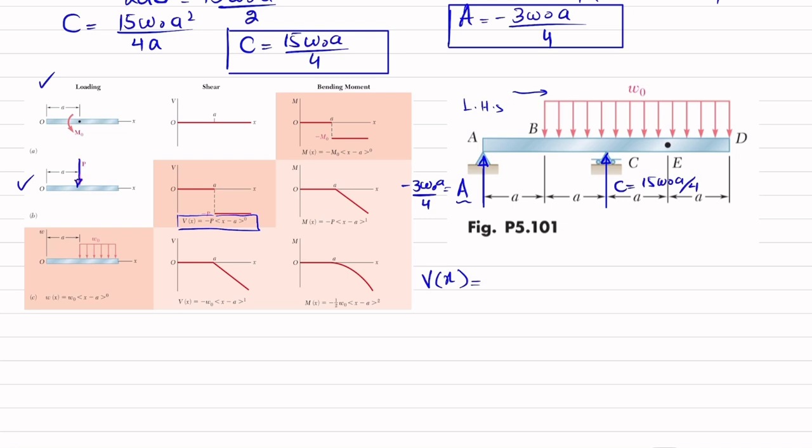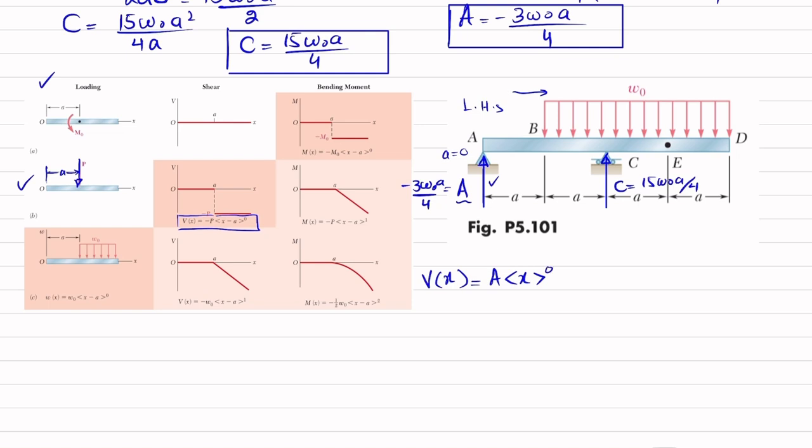Since the load is downward and it is at a distance of A, and here the load is upward and A is equal to 0, for a downward load it is minus P. So here, instead of P, we have load A into X minus 0, so it will be A times X to the power 0.